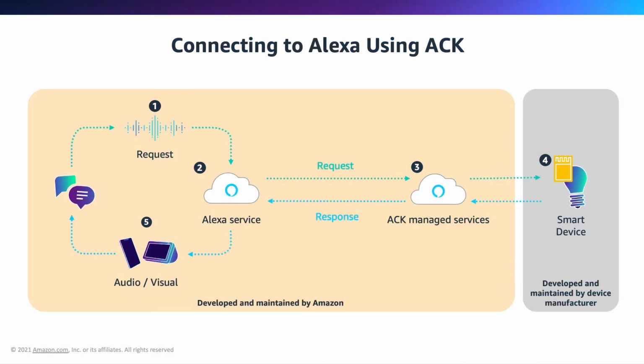Enter Alexa Connect Kit. ACK is a combination of managed connectivity hardware, software, and cloud services that allows device manufacturers to focus on the operation of their device and let Amazon handle networking, security, device control and management, and many other complex aspects of the connected device architecture.